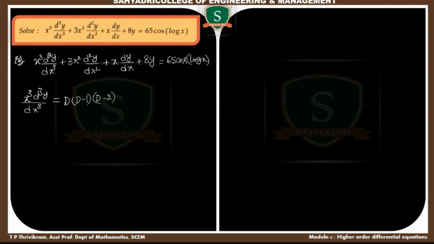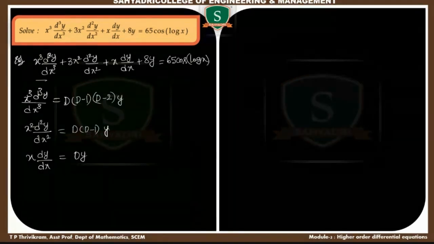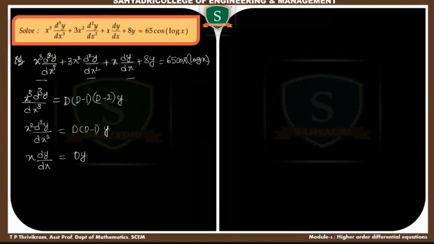Similarly, x square d square y by dx square is equal to d into d minus 1 into y. Similarly, x into dy by dx is dy. So in total there are 3 terms having derivatives, and I have made 3 substitutions here.